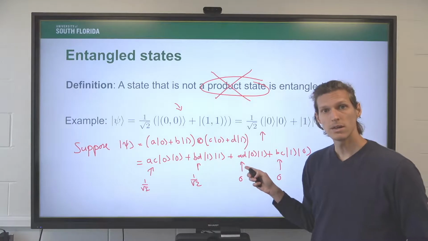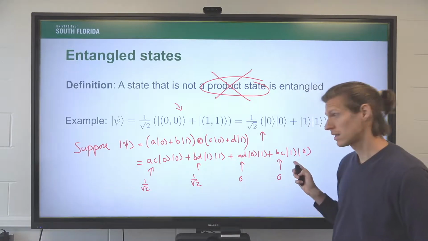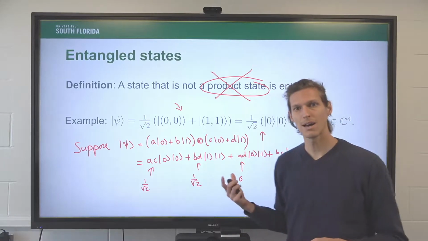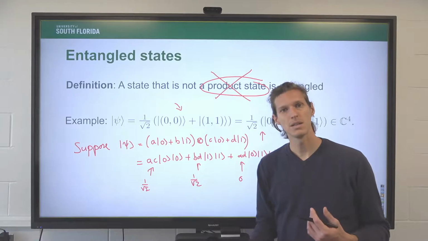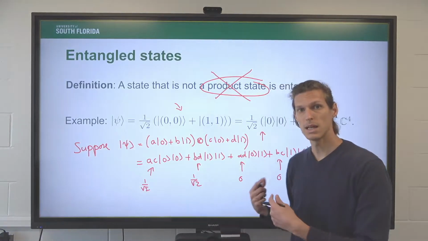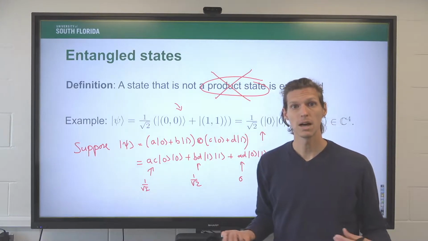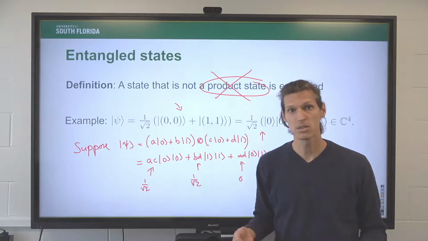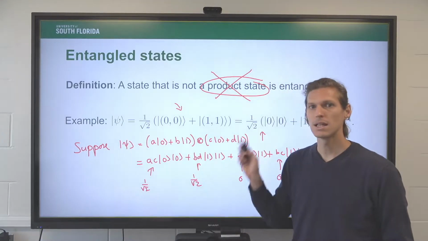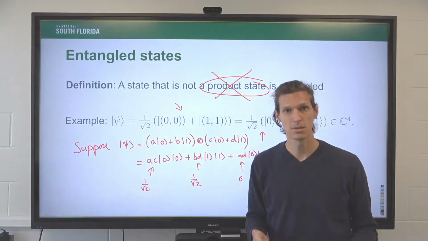However, here I learned that either A or D should be zero, and then either B or C should be zero. So half my coefficients are telling me that none of the coefficients should be zero, and the other half tells me some of them should be zero. So we have here an impossible constraint to satisfy, which means that this state cannot be a product state. And by definition, it is entangled.